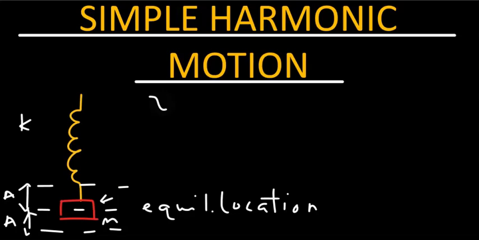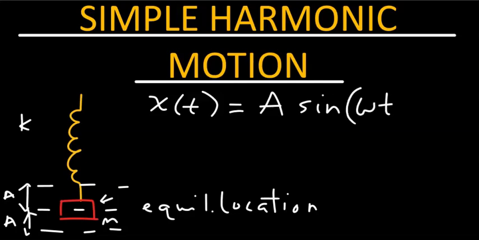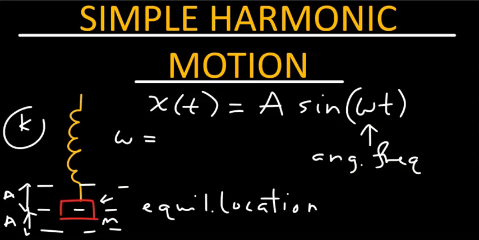For example, the position or the location of that block at any time t can be written in the following form. Omega is a constant known as the angular frequency of this oscillation, and it can be written in terms of the spring constant and the mass of the block in the following manner.